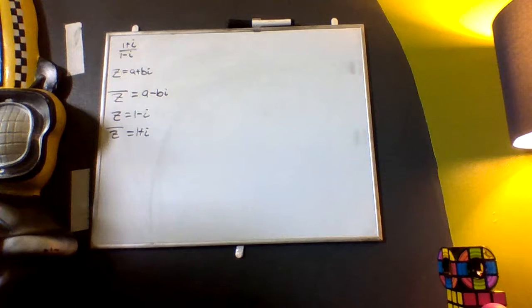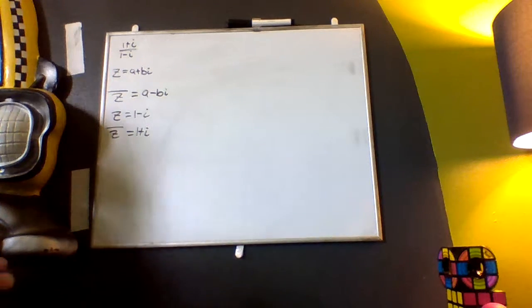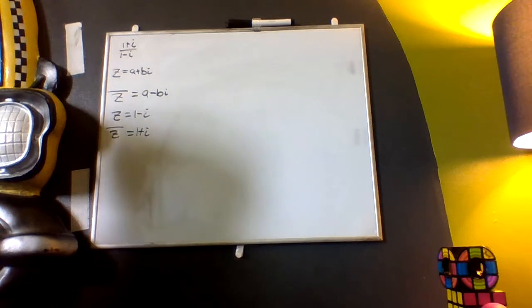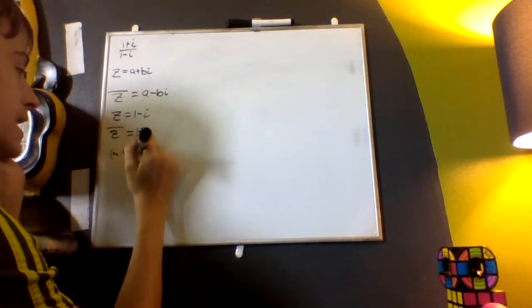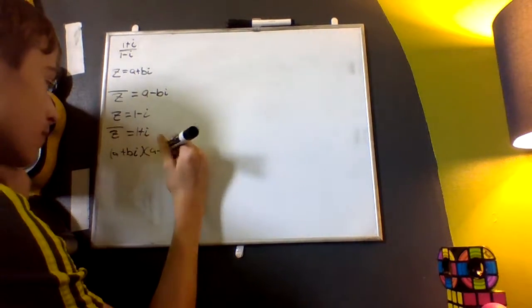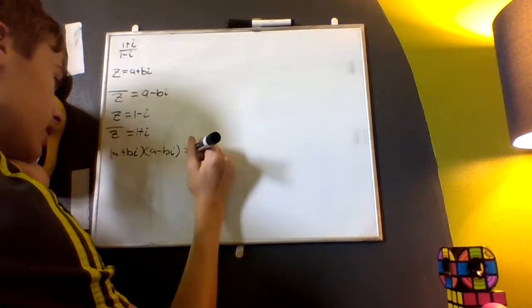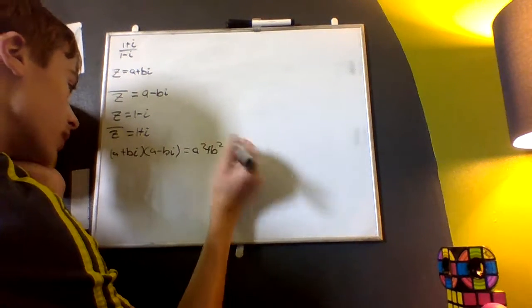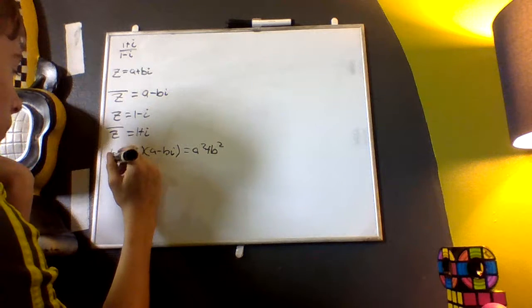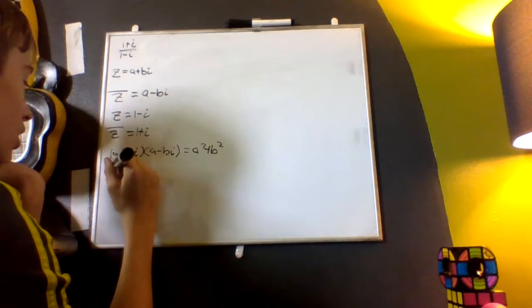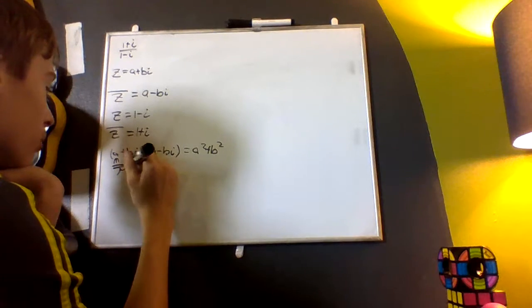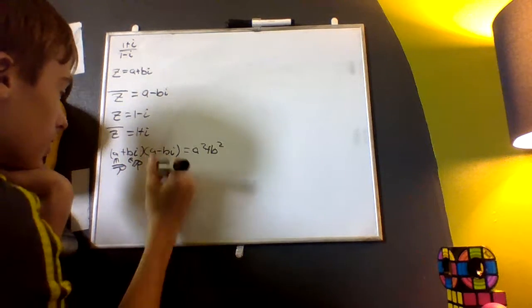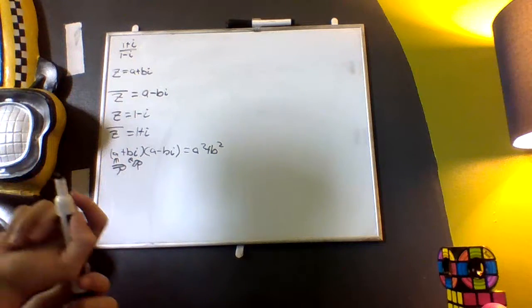What can we do with this then? Well, if you remember correctly, a plus bi times a minus bi is a squared plus b squared, right? Both of these are real numbers, right? Both a and b are real numbers.